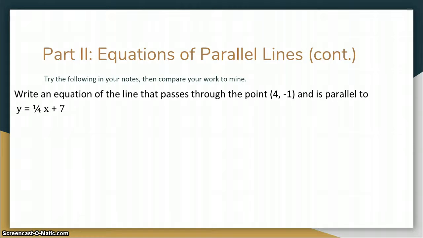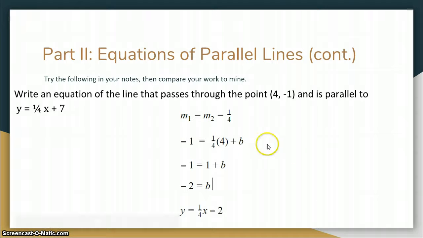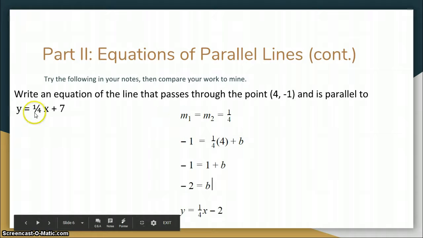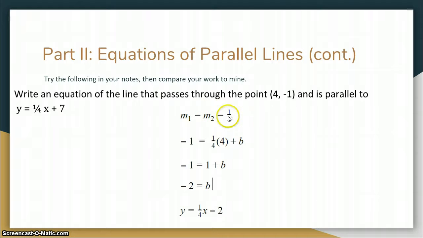Welcome back. Let's see what I did. First, I identified that because the slope in my original line was 1/4, that's going to be the slope in my new line, so it's also a slope of 1/4. Plugged in what I know. Notice I cheated a little bit because these PowerPoints take a long time to put together. I did not write y equals mx plus b, but you should. I plugged in y was -1. 1/4 is still going to be m.